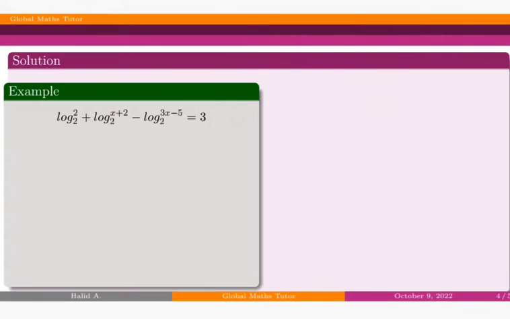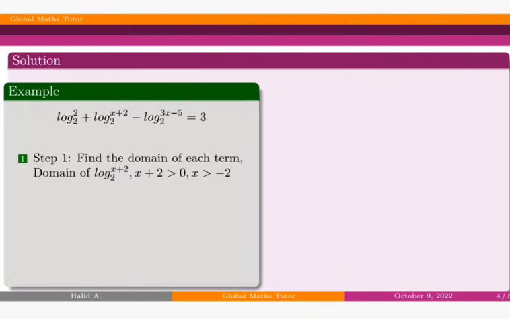The second question is logarithm of 2 to the base 2 plus logarithm of x plus 2 to the base 2 minus logarithm of 3x minus 5 to the base 2 equal to 3. So from the guidelines, the first step is to find the domains of each term.